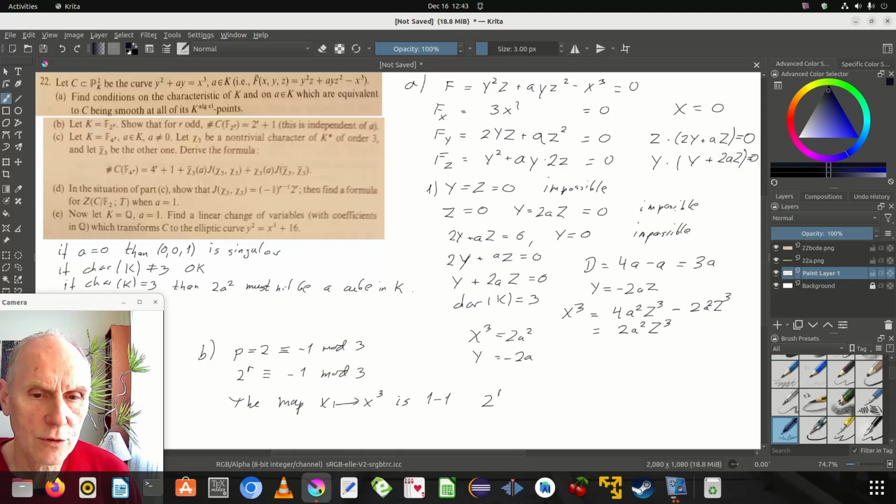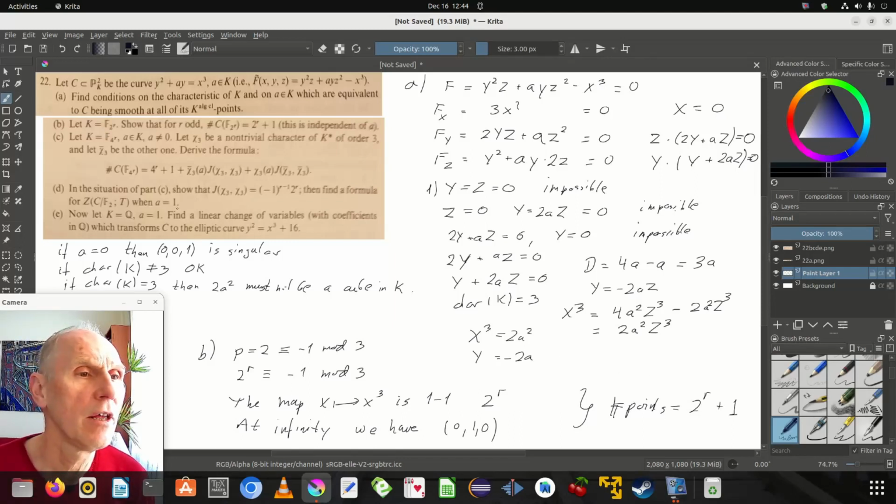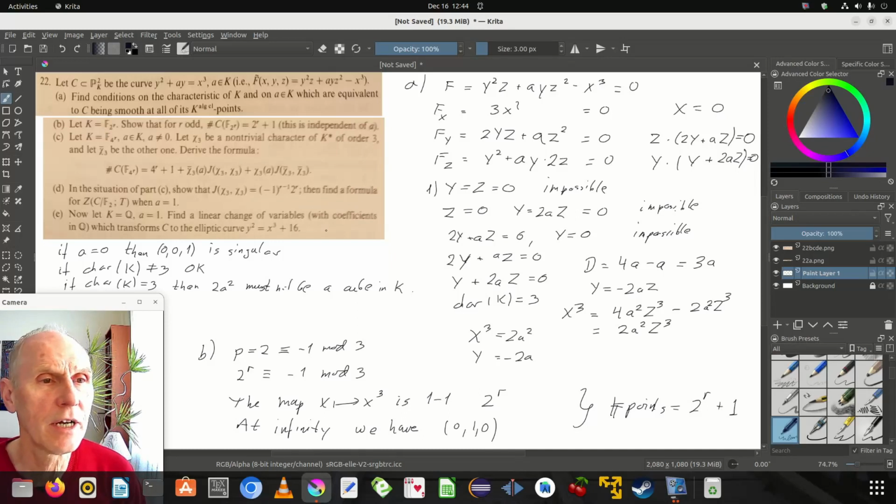This gives 2 to r, and at infinity, as we're used to. So altogether, the number of points equals 2 to the rth plus 1. That was B.